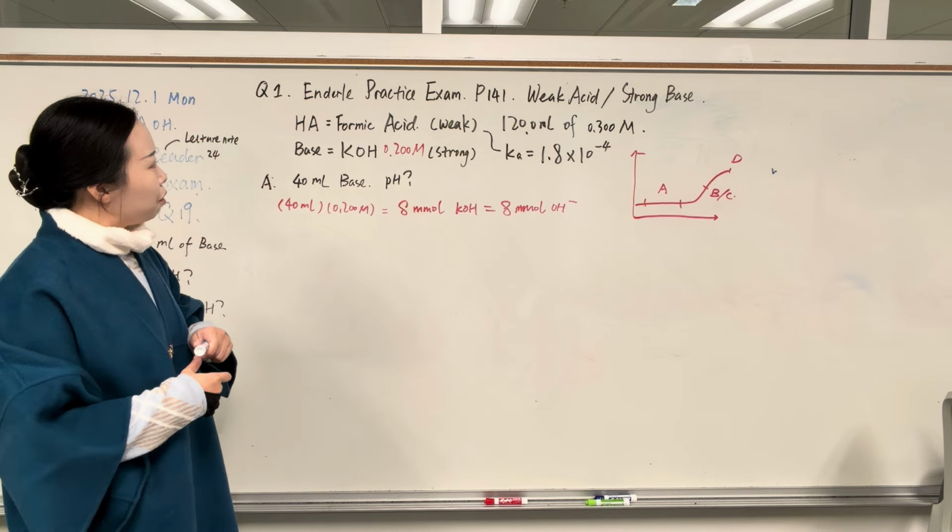I write a small mmol just to tell myself this is millimole, not the concentration yet. So acid millimole, I have 120 times 0.3, that's 36. HA, I'll just use HA for formic acid.